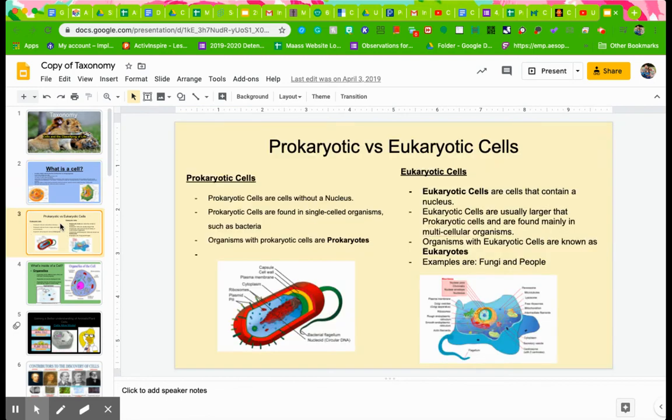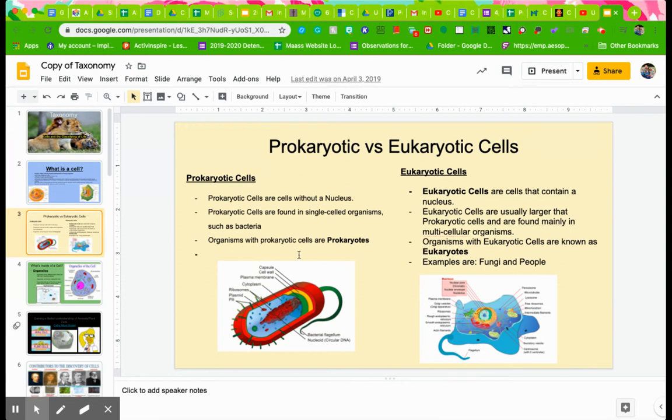Now, those are two big vocabulary words. This unit is big on vocab, but it all builds. The next type here is not really a type, it's just prokaryotic versus eukaryotic. We'll start with prokaryotic cells. Prokaryotic cells are cells without a nucleus.